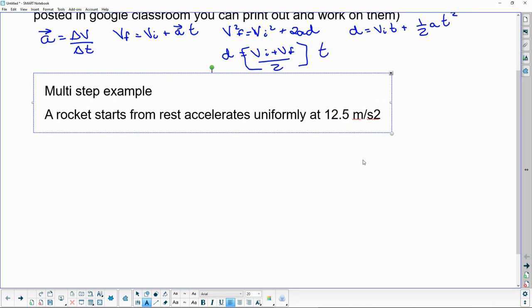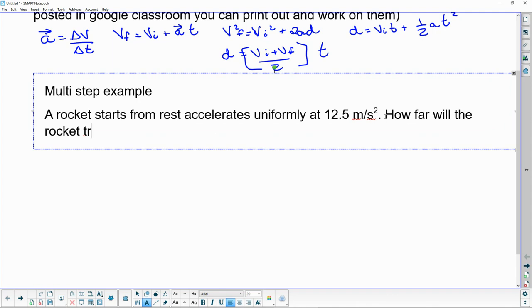And how far will the rocket travel in the 5th second of its trip?